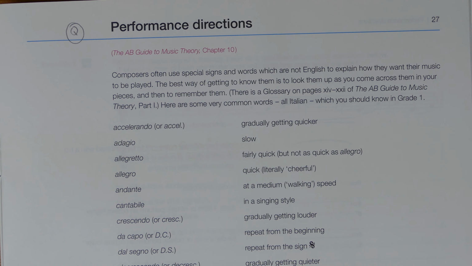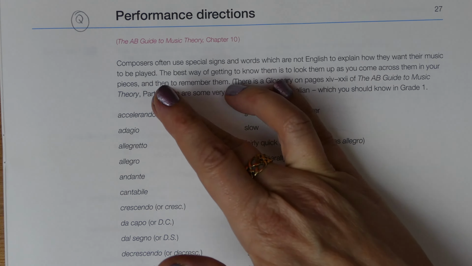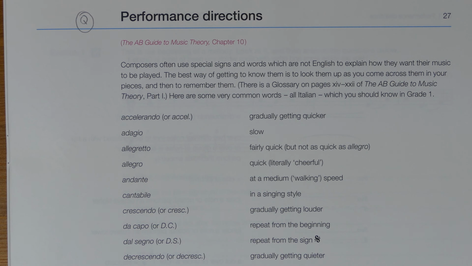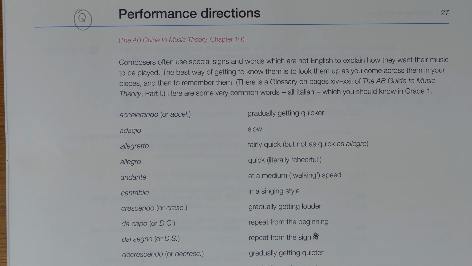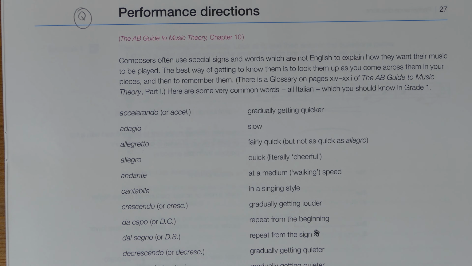Now, although it's a logical idea to itemise all of these terms in alphabetical order, that's not perhaps the best way to learn them. So I suggest you get yourself a piece of file paper, or on your computer you can do the same thing.